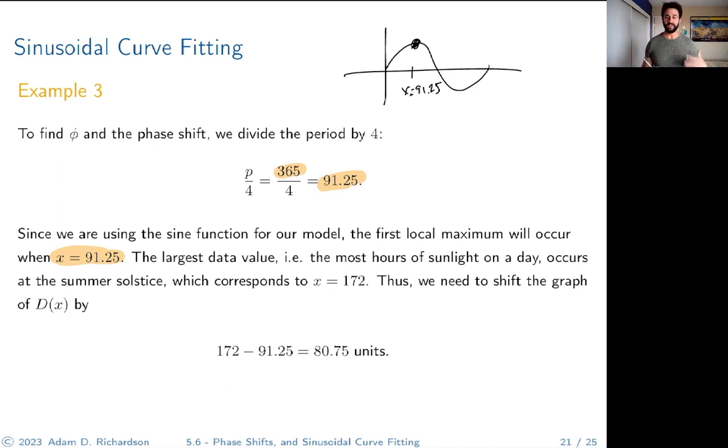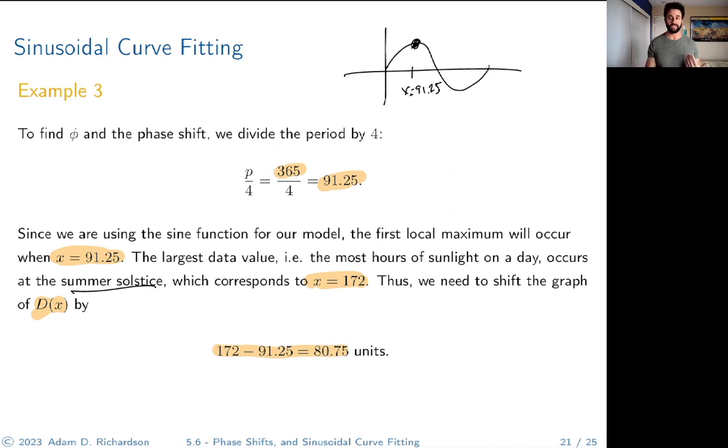Now, the largest data value, in other words, the maximum of the data, occurs at the summer solstice, and the summer solstice corresponds to the point x equals 172. So it's the 172nd day of the year. So what do we need to do? We need to shift the graph of d of x by this many units.